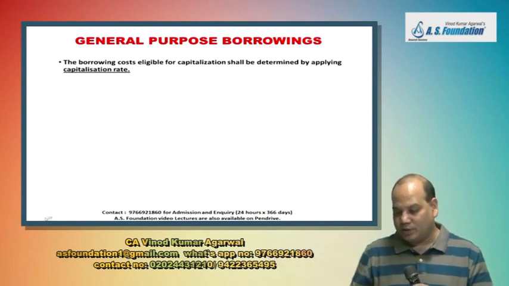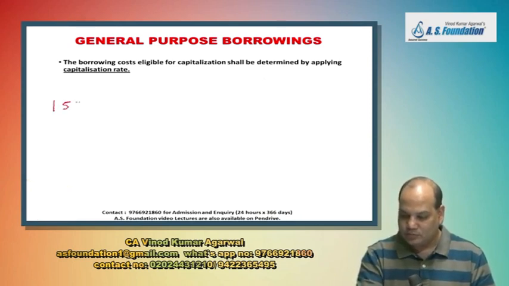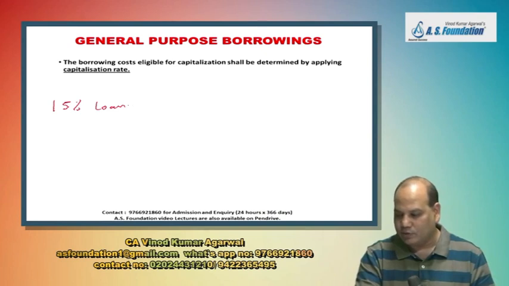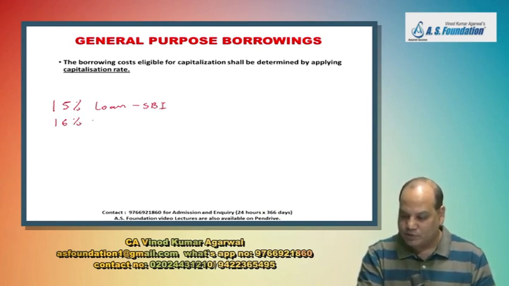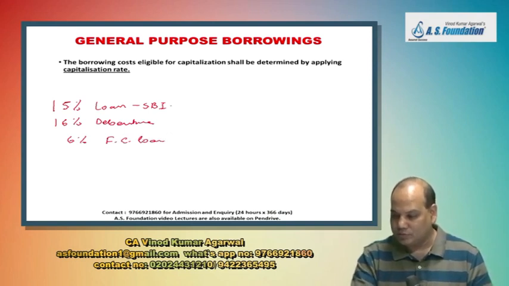I had given one example, I repeat again, that you may have taken a 15% loan from SBI, State Bank of India. You may have issued a 16% debenture. You may have issued foreign currency loan at 6%.